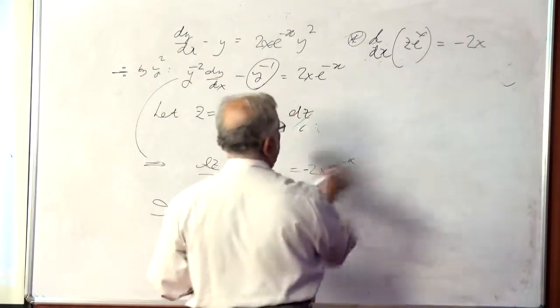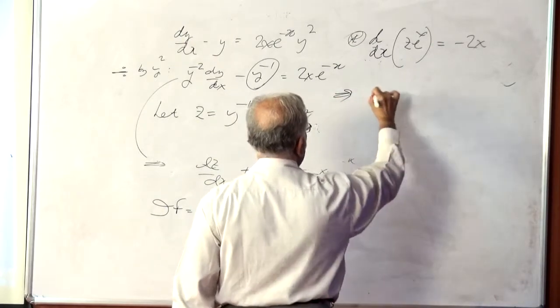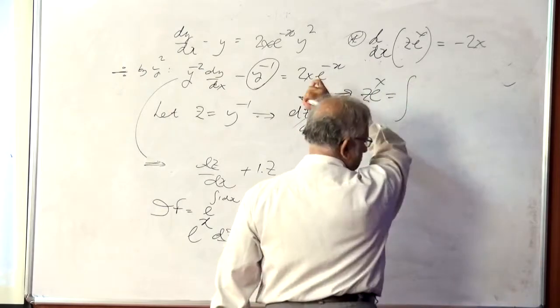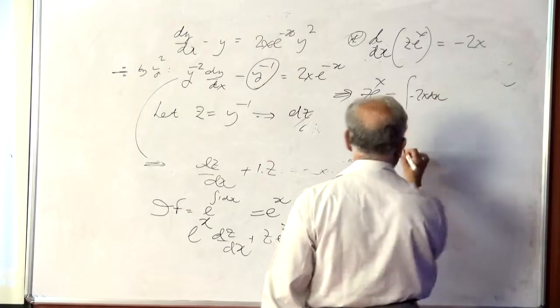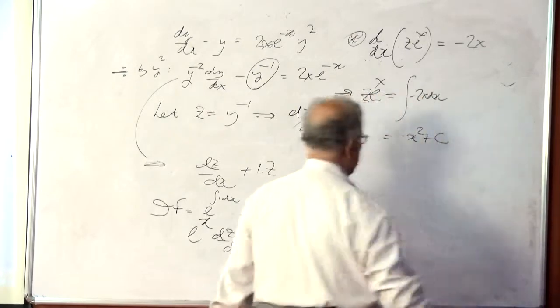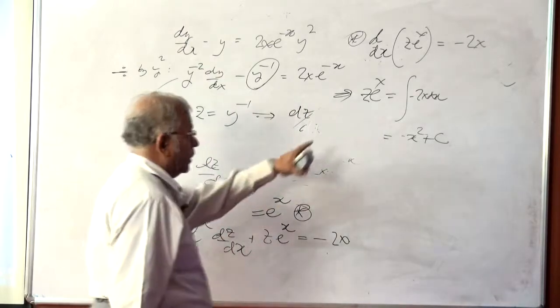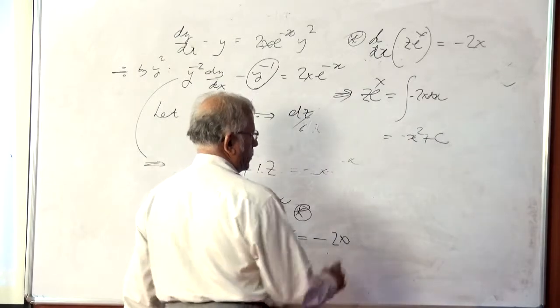If we just carry out one integration, this implies that z e to the power of x is minus x squared plus c. We must remember that z was nothing but y to the power of minus 1.